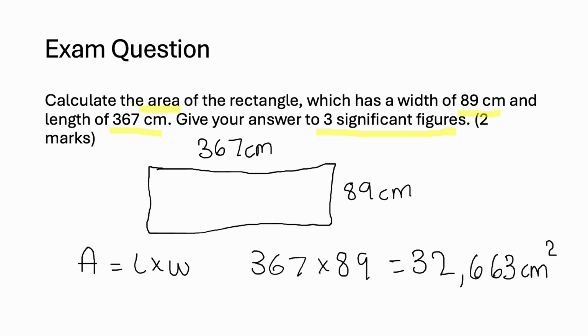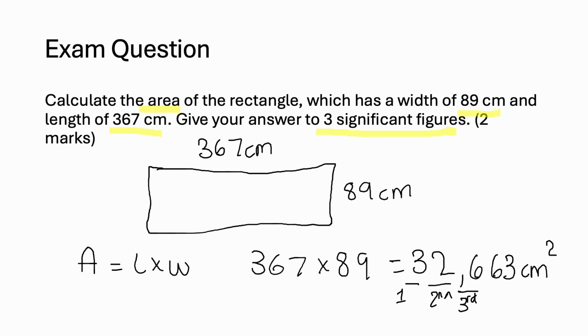But that's not it, because it says that we must give our answer to 3 significant figures. So let's look. The 3 here is the first significant figure, the 2 is the second, and the 6 is the third. We look at the number to the right of this 6, which is the 6.